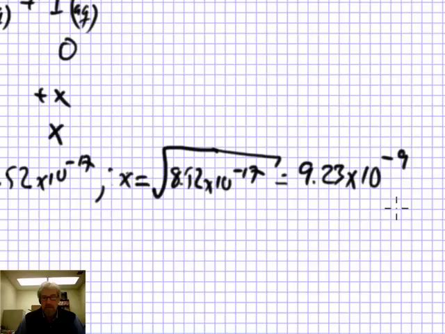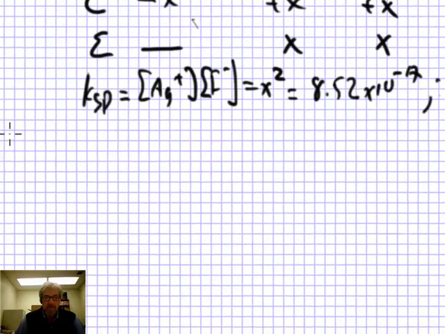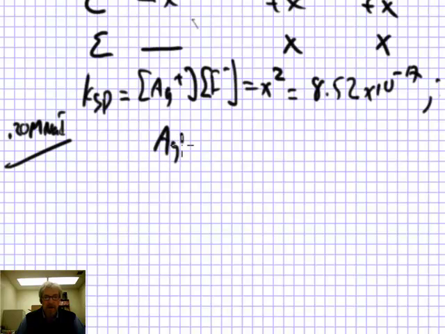Well, now let's do the same thing, but for our 0.20 molar NaI solution. So the equilibrium is the same: AgI in equilibrium with Ag+ and I-. But our initial line is now different. AgI, we don't care about this.